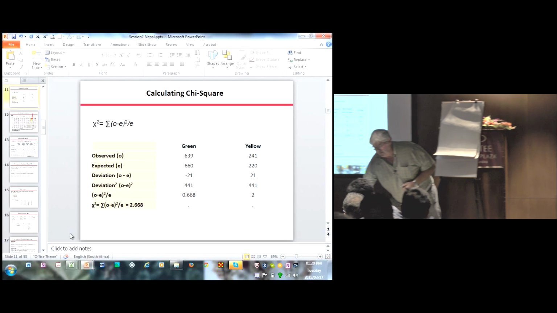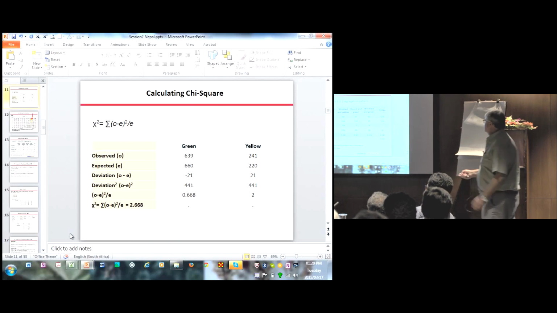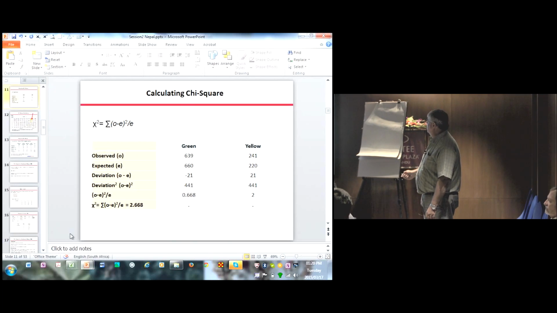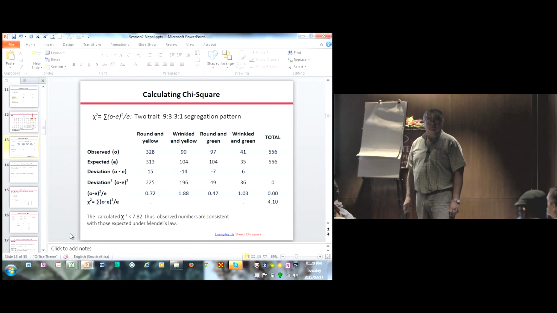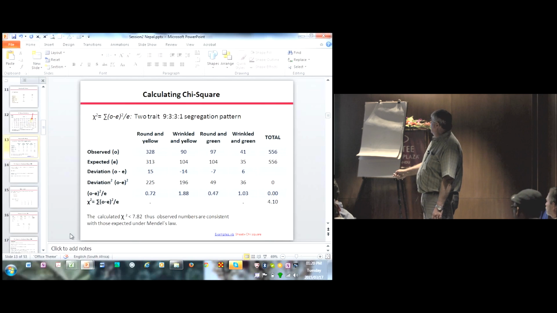The next example I have is a similar sort of thing, except that we got more genes involved here, and I expect a 9-3-3-1 segregation pattern. And I find that I have 328 yellows, 90 wrinkled yellow, round green, wrinkled green. I have a total of 556.